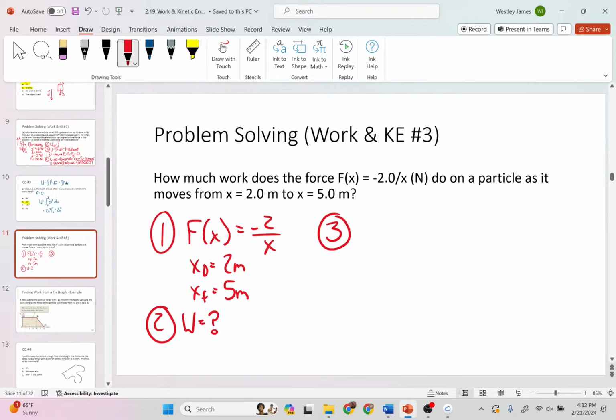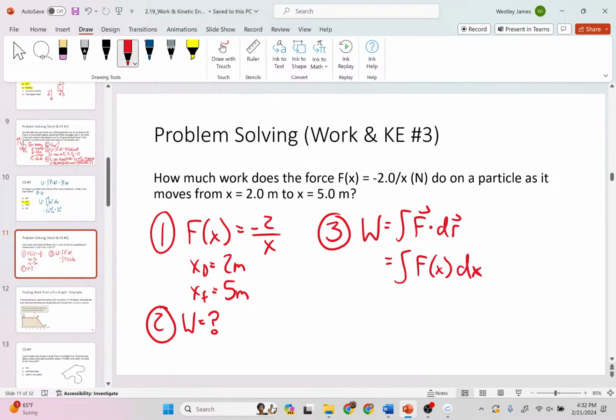Again, I'm being a bit more thorough. In general, if you see the word work and force, your mind should immediately go to this equation. And you look at this and you say, what? There's no x's there. So when it comes to integrals, this integral is going to become this, F(x) dx.